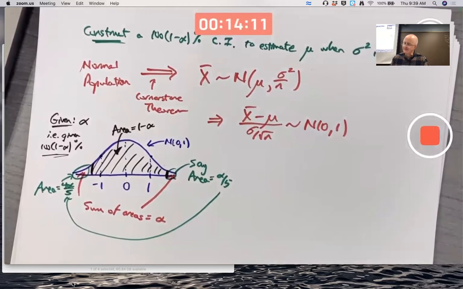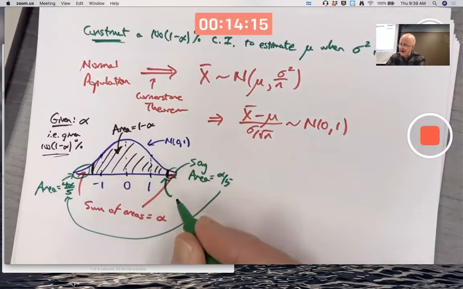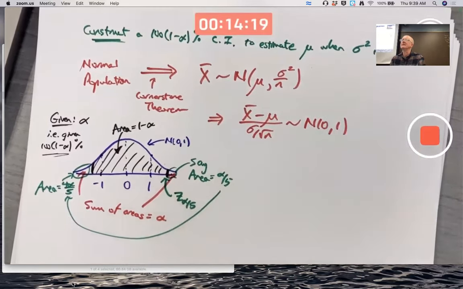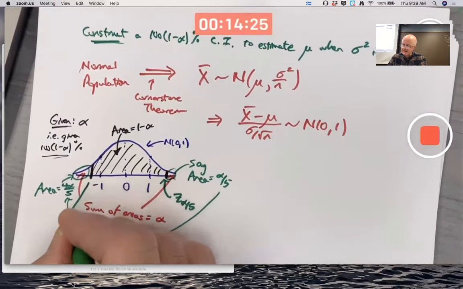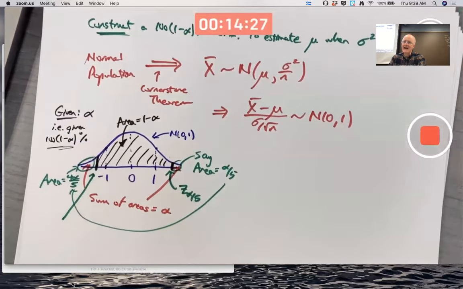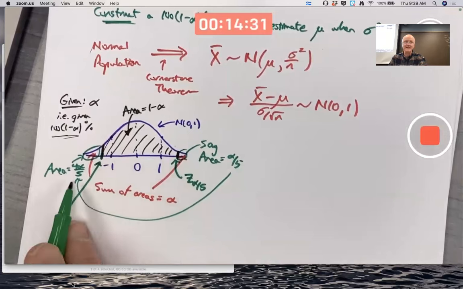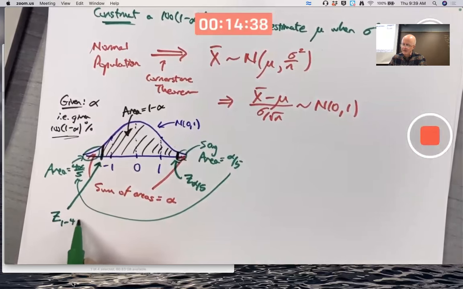Which, if I do that, would make this number right there z sub alpha over 5, and would make this number over here not negative z sub alpha over 5, not technically z sub 4 alpha over 5, but instead z sub 1 minus 4 alpha over 5.